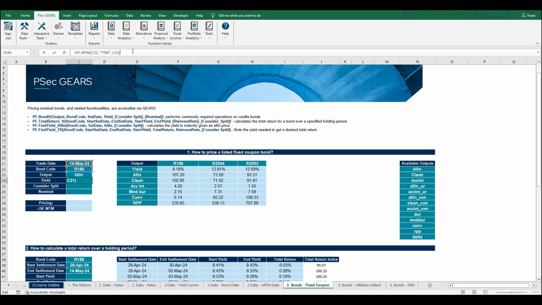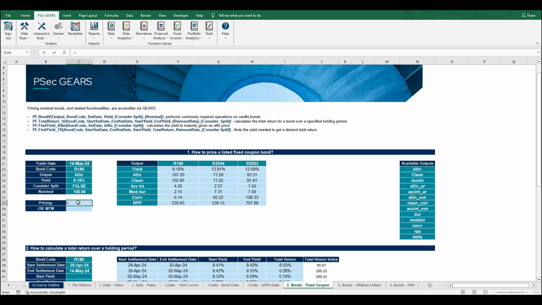And we have to divide this by 100 as it's outputted as a number. Consider split is just if it has to consider split maturity. We're just going to say false. Nominal is going to be 100, so if we want the considerations for these, we should specify the nominals.